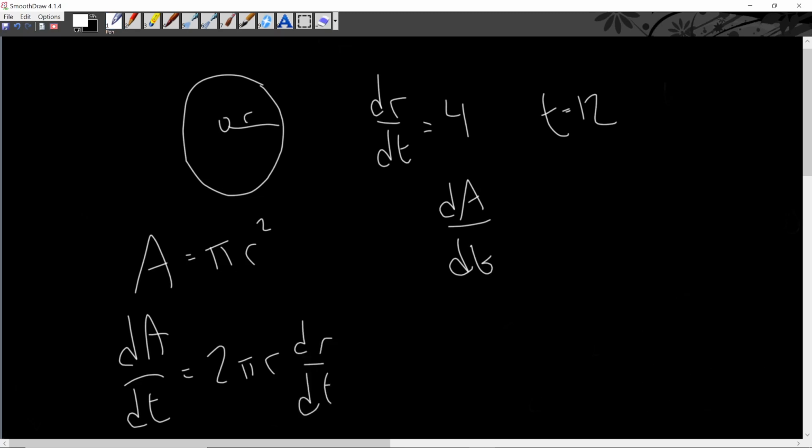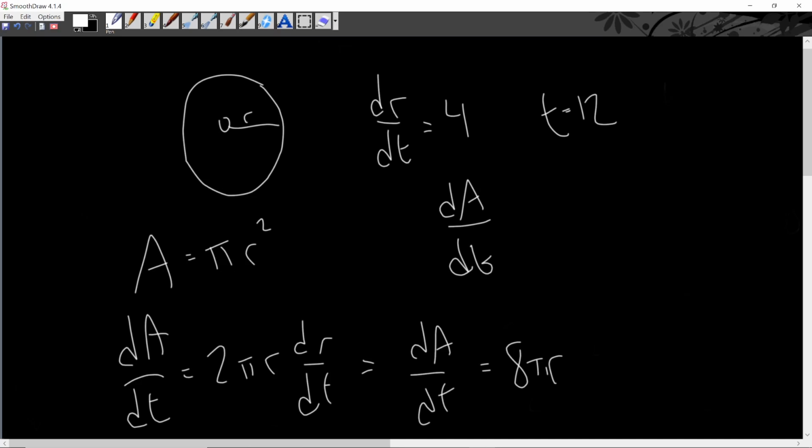Now we know what dr/dt is equal to, right? It's 4. So we have dA/dt is equal to 2 pi r times 4, so 8 pi r. And we said that t is equal to 12 seconds, right?